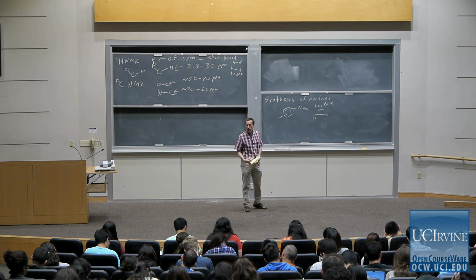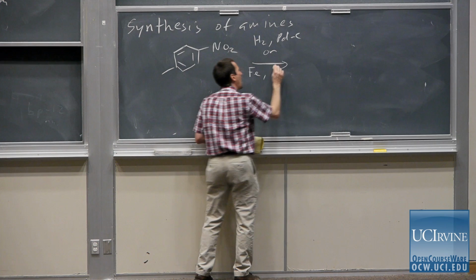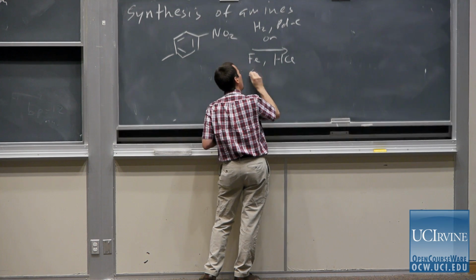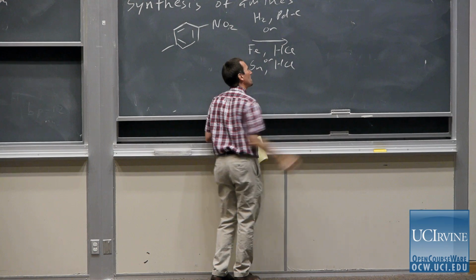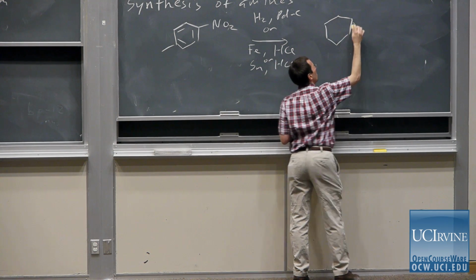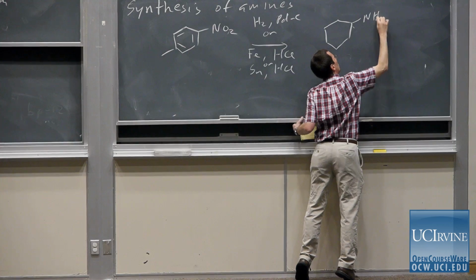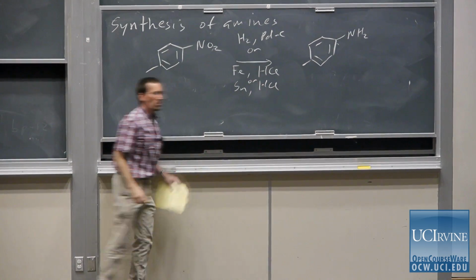Metals want to go to metal cations. They want to give up electrons. So iron and hydrochloric acid, or tin and hydrochloric acid. These are 3 conditions from your textbook, and they're all good ways to reduce the nitro group on an aromatic ring down to an amino group.